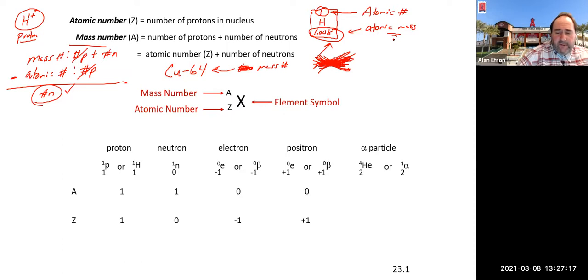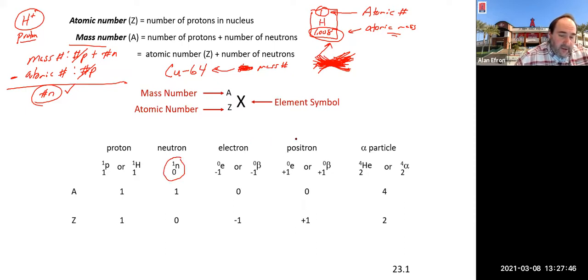Here are some of the common symbols that we see in nuclear chemistry, some of which we talked about. A proton is another one we commonly see, with a mass number of 1 and an atomic number of 1 as well. A neutron is also a symbol we see a lot here in nuclear chemistry, with the 1 on top and 0 on the bottom.